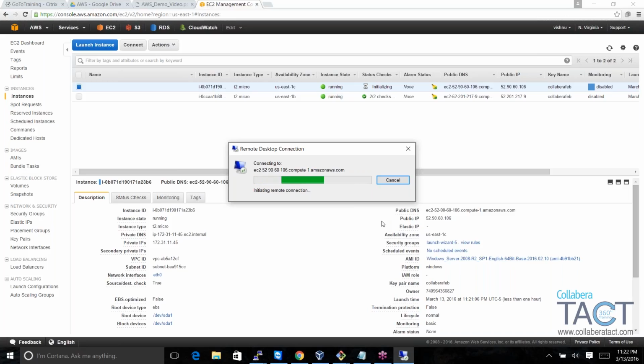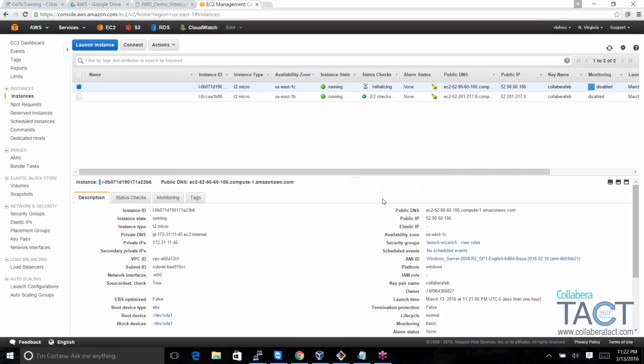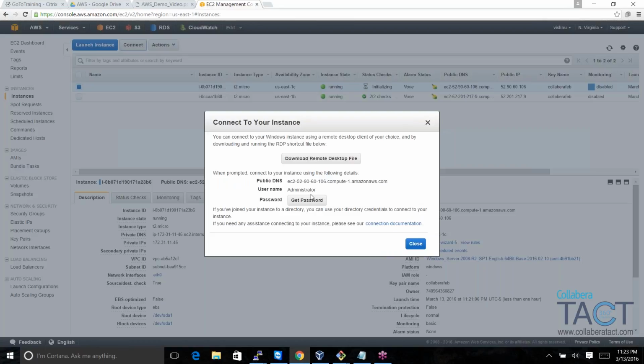I can click on connect. I'm going to download the remote desktop file. Right, it has downloaded a remote desktop file. Now I can click on connect. The machine is completely booted up. It's going to take me to the login prompt. It might take a couple of minutes for the machine to come up.